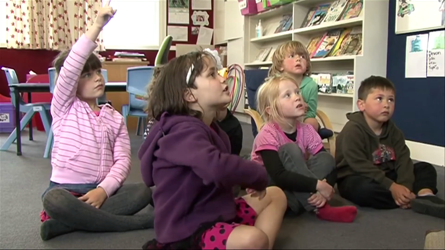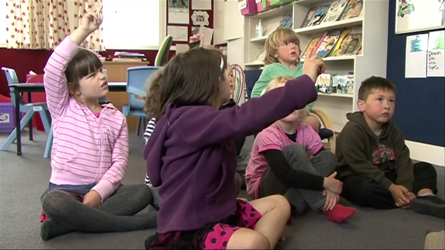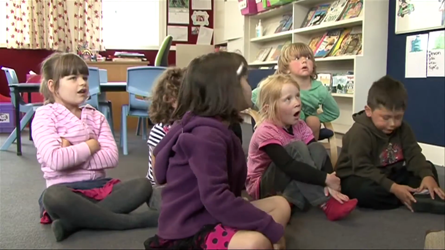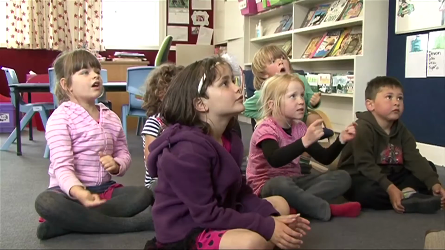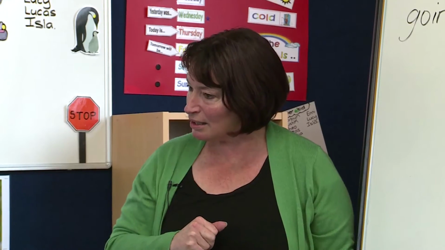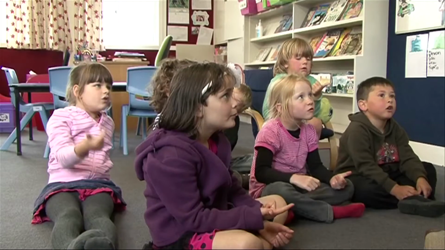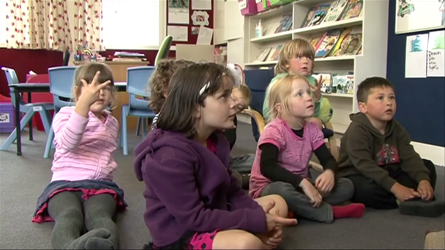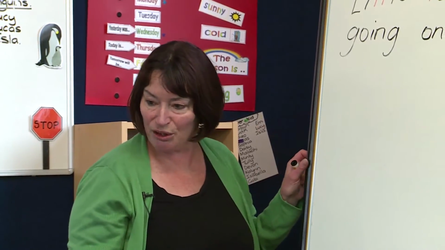Can you hear a T sound in that word? Where do you hear the T sound? Where do you hear it, Devon? At the start. Let's count the sounds in that word. T, r, i, p. How many sounds? Four. Do it with me again, everybody. Four. So let's write them. What's the first sound you hear?